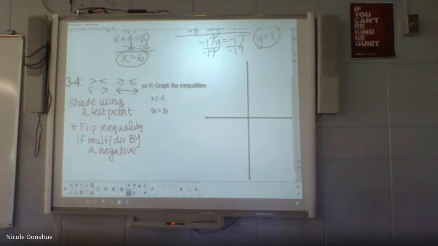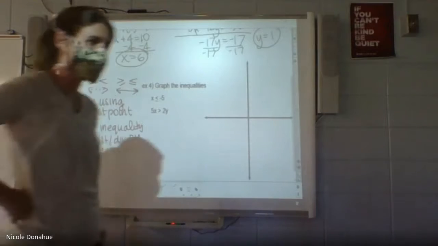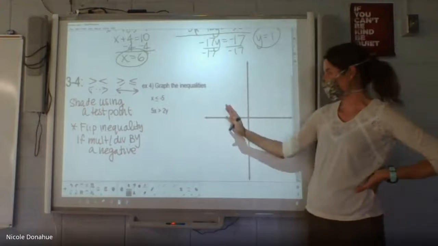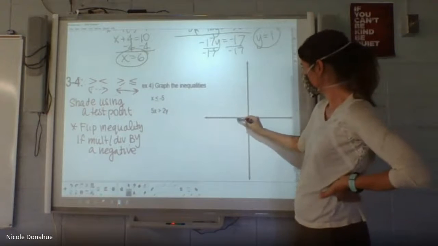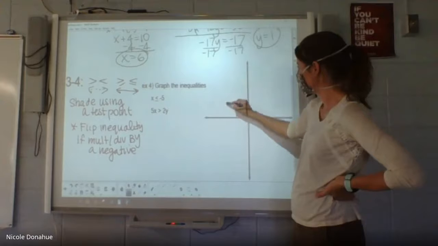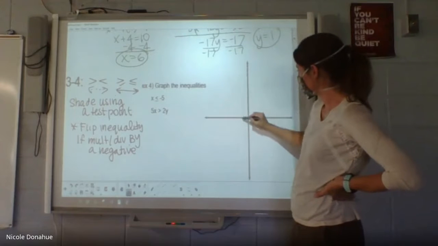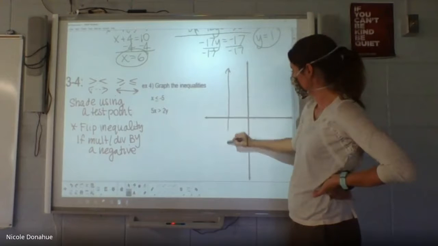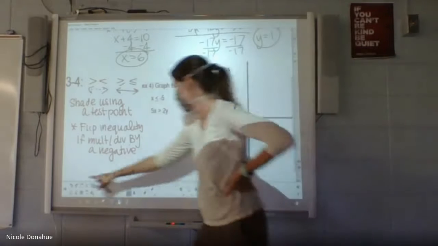So again, we talked about a value like x is less than or equal to -5. That's going to be a vertical line, solid vertical line. And I have to color, sorry, that ran off there.